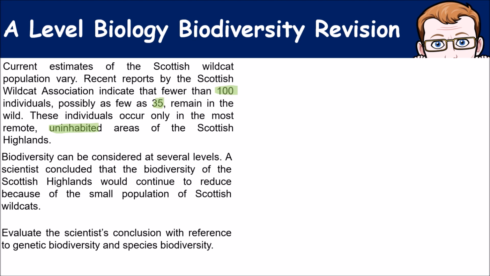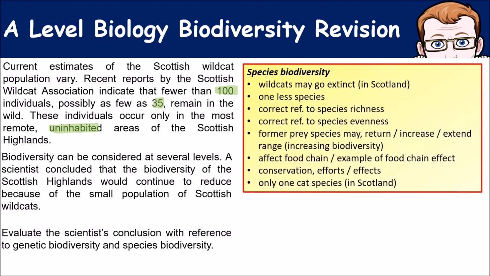So we're evaluating the scientists' conclusions with reference to genetic and species biodiversity, so how this plan is going to reduce the loss of biodiversity. If we start off just by looking at species biodiversity, you want to talk about the fact that wildcats, if they're left to their own devices, might go extinct. If they go extinct, there'll be one less species.